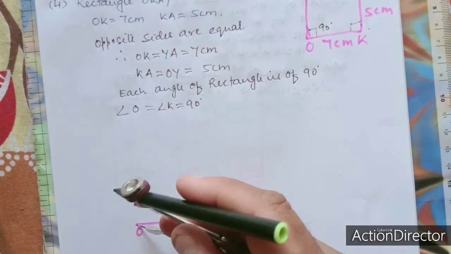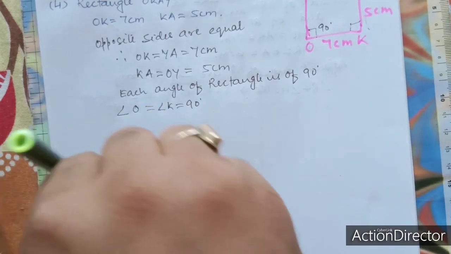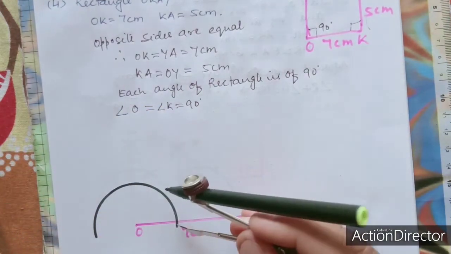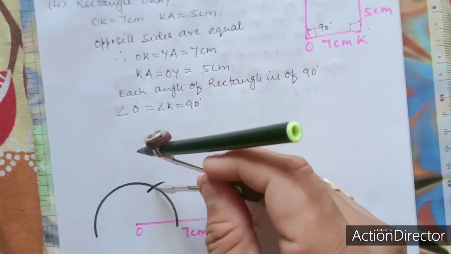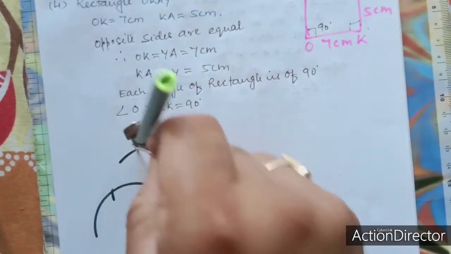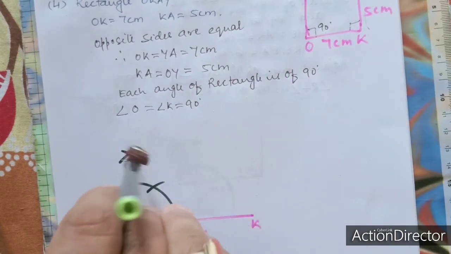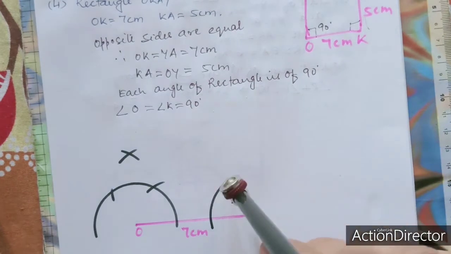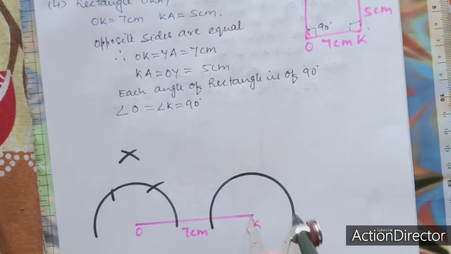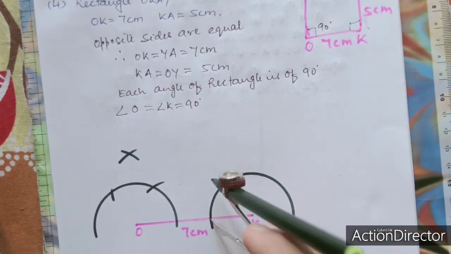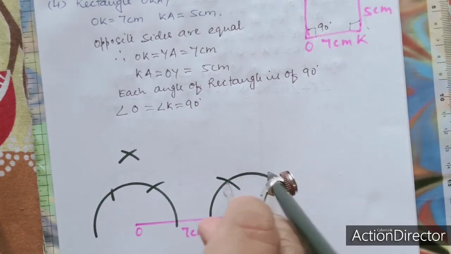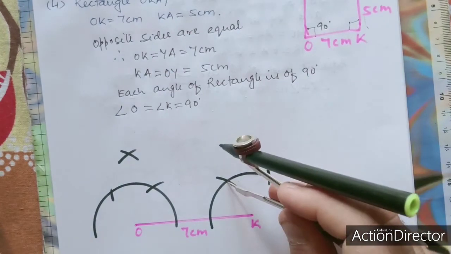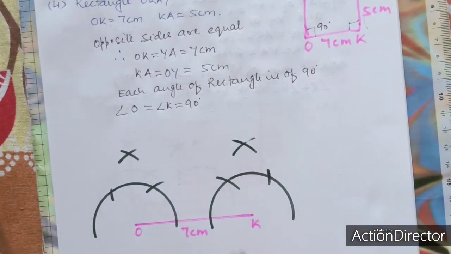So here I am drawing an angle of 90 degree at O. First I have to draw an arc here. This is 60, this is 120, and this is 90 degree. Same way I will draw an arc from K. This is 60, 120, and this is 90 degree.